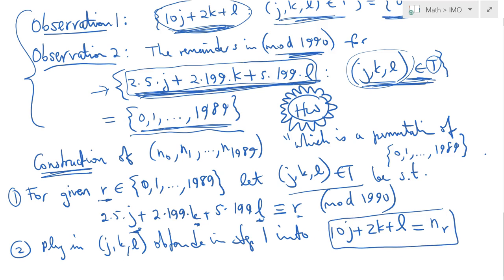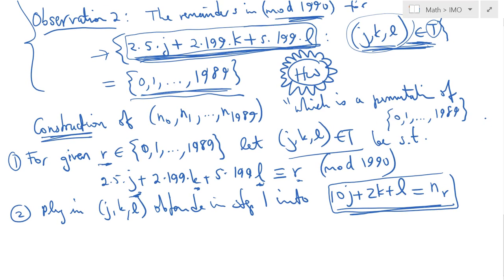We claim we can build the set n_R in this fashion in 2 steps, basically. Now all that is remaining is to show that these numbers actually work.